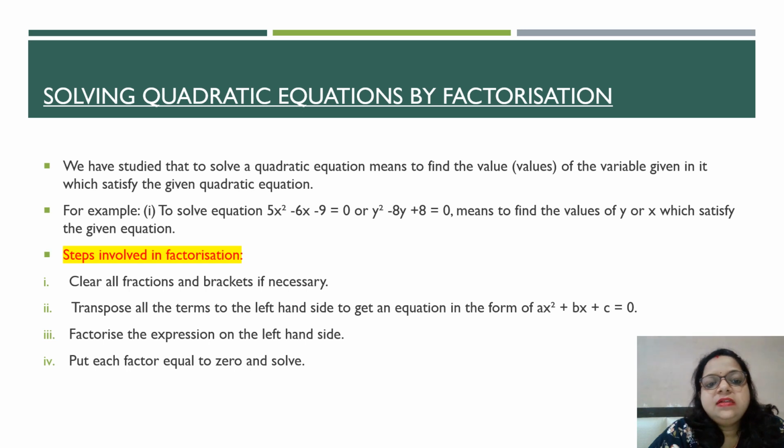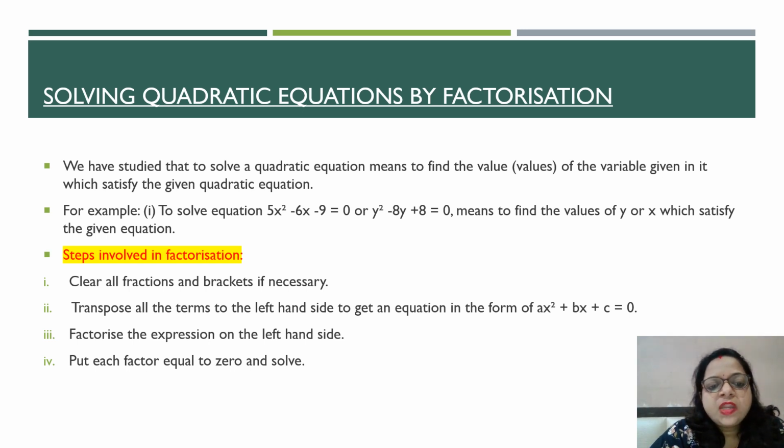For example, to solve 5x square minus 6x minus 9 is equal to 0 or y square minus 8y plus 8 is equal to 0 means to find the values of y or x which satisfy the given equation.